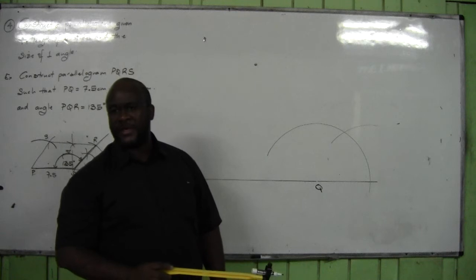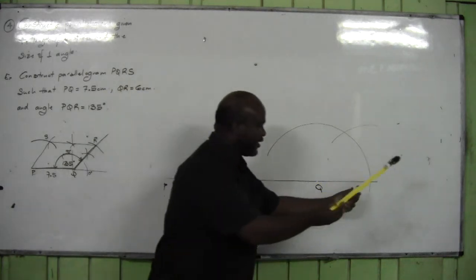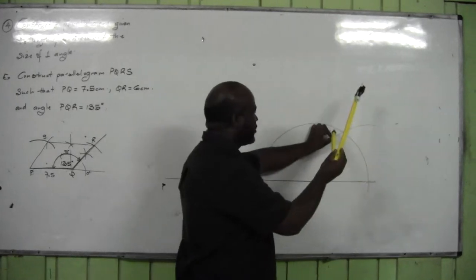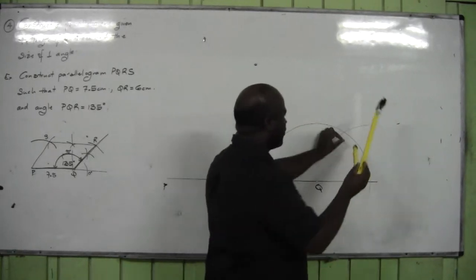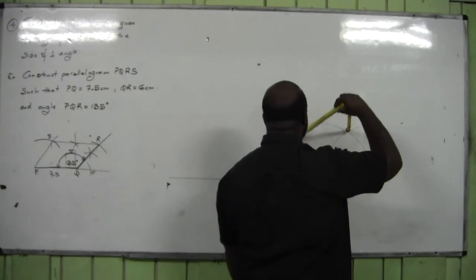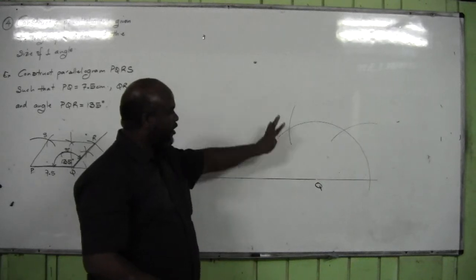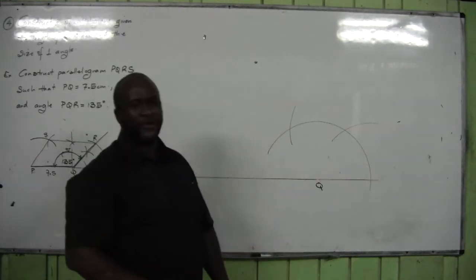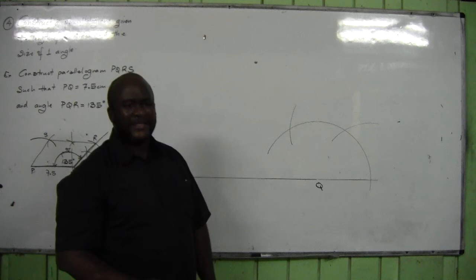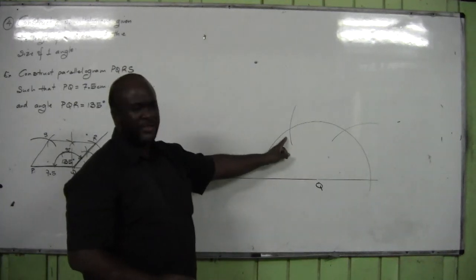I don't want 60, what I want is 90. I then move the metal tip, from 0, put it at 60, and scribe an arc. A line from Q through here will give me 120 degrees over there. 90 is in the middle between 60 and 120.